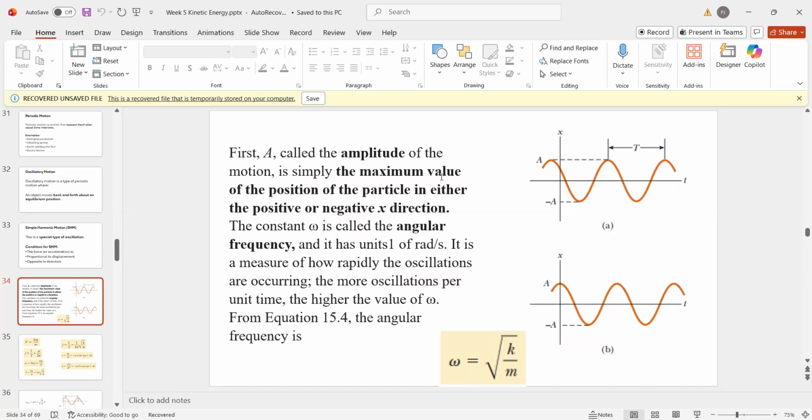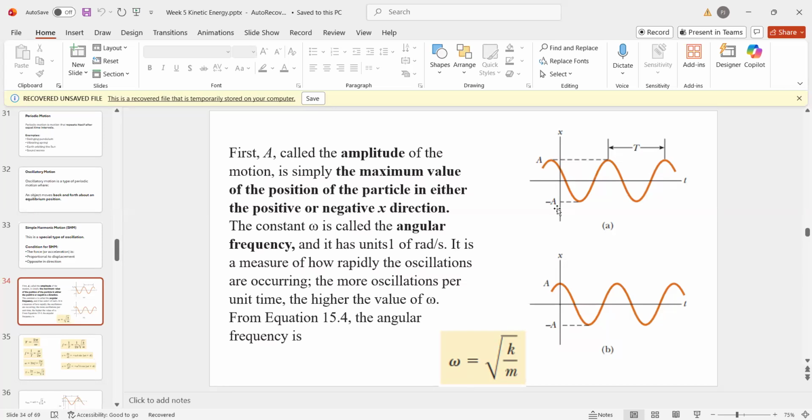So this is the moving direction. The amplitude of the motion is simply the maximum value of the position of the particle in either the positive or negative x. So the amplitude could be positive, it could be negative.